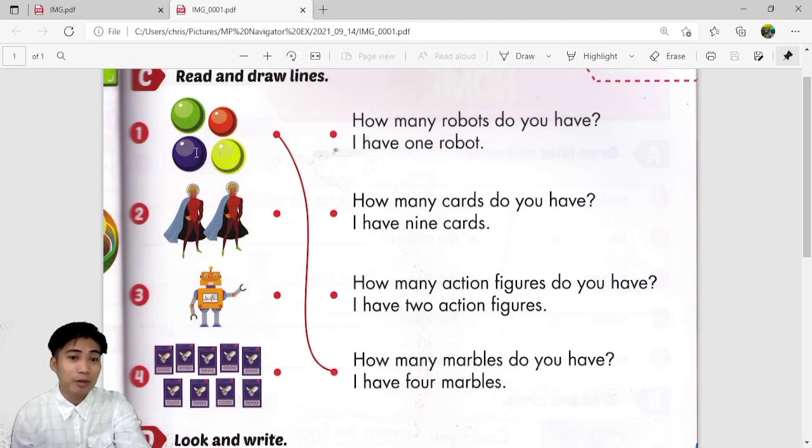Here it matches number one, marbles, and it has four marbles: one, two, three, and four. It matched, so draw a line to connect them. For numbers two, three, and four, do the same. Read each of these questions and sentences, then connect them to these pictures. Okay, great.